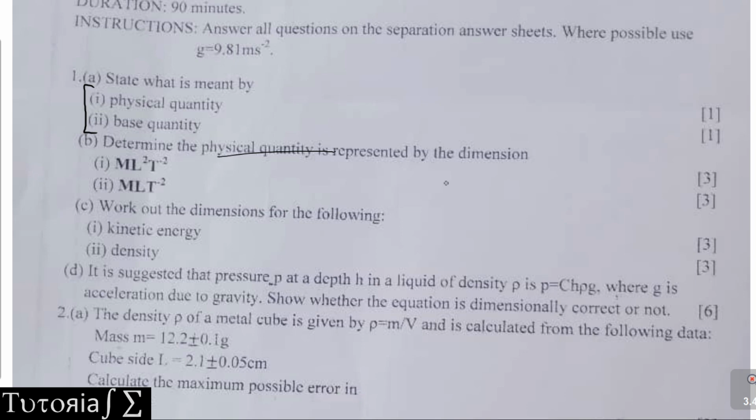So for instance, capital M represents mass. Wherever you see capital M, that is mass. Wherever you see L, that is any length, in meters. Where you see T, that is time.